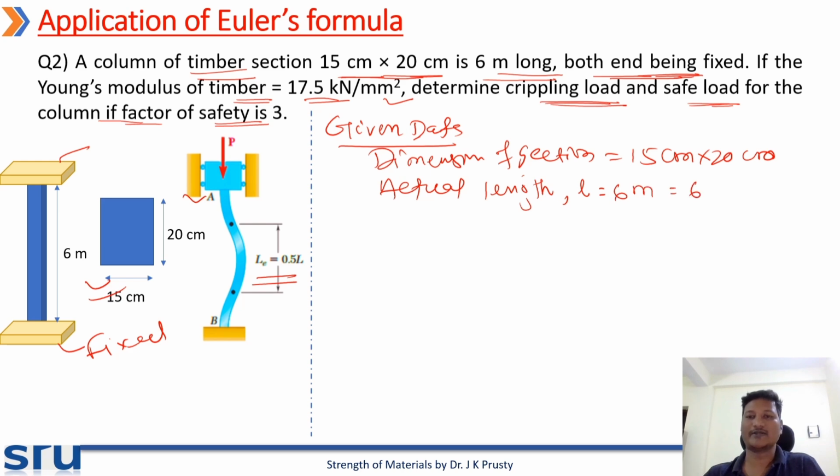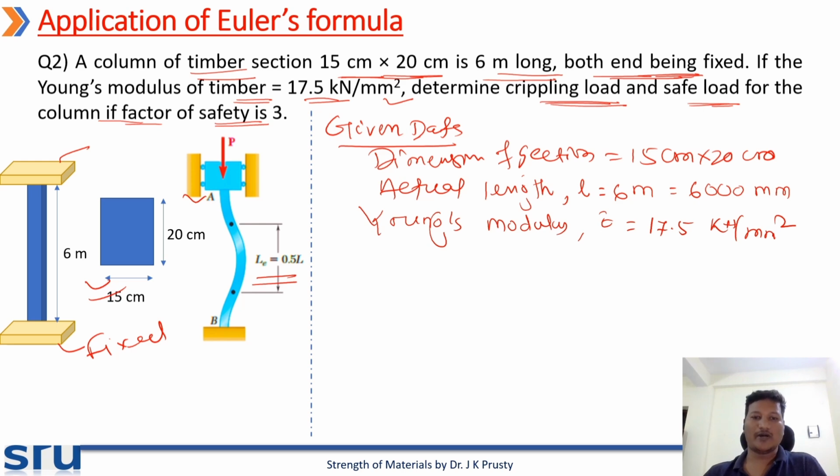We can write 6,000 mm. What other data is given? Young's modulus E is given as 17.5 kilonewton per mm square.